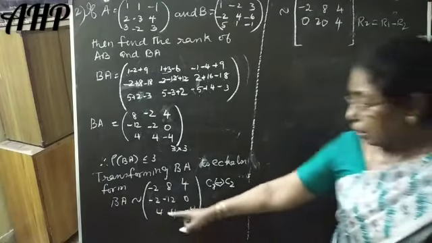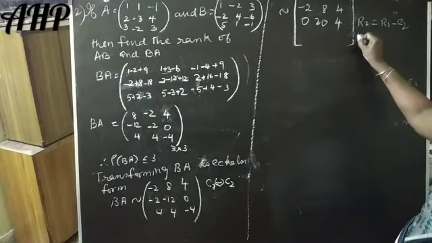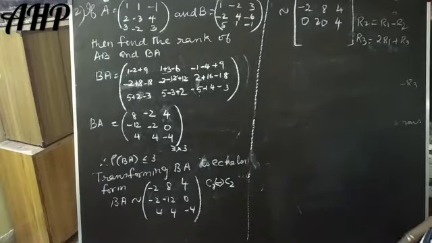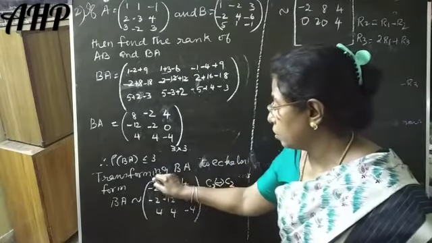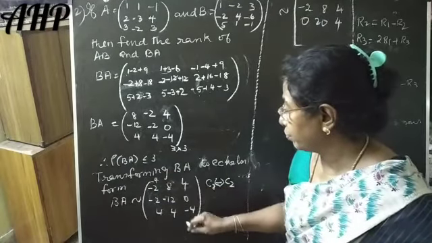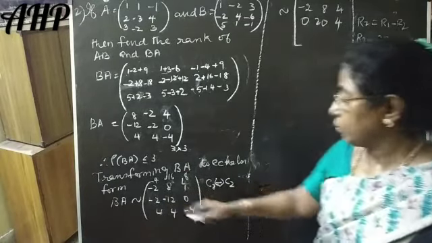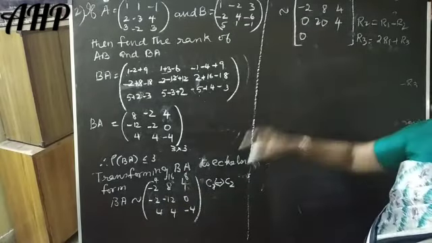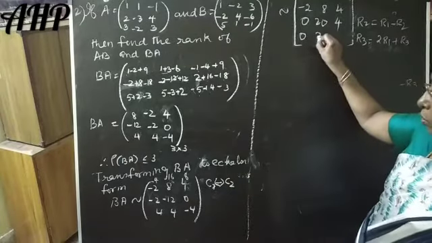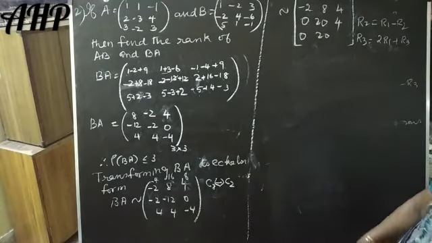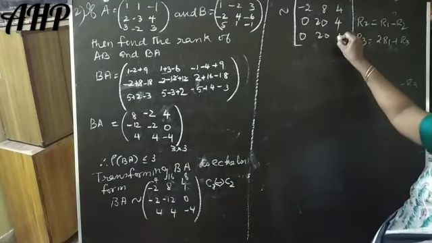Then R3 is equal to 2R1 plus R3. Multiply the R1 by 2, you get here minus 4, you get here 16, you get here 8. So 4 plus minus 4 gives you 0. 4 plus 16 gives you 20. Minus 4 plus 8 gives you plus 4.